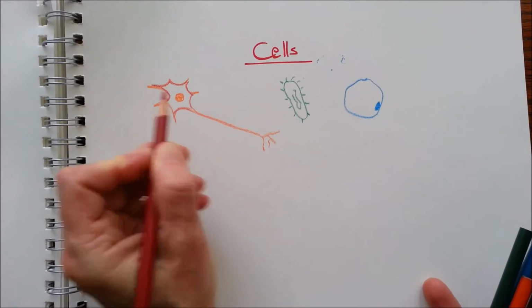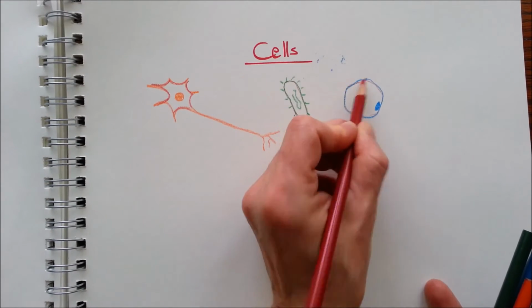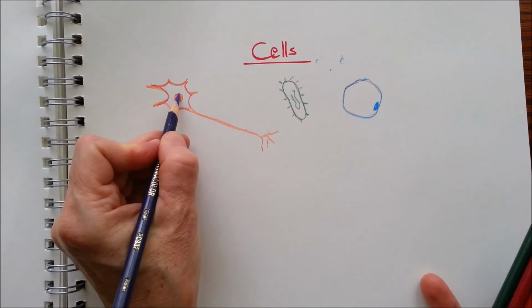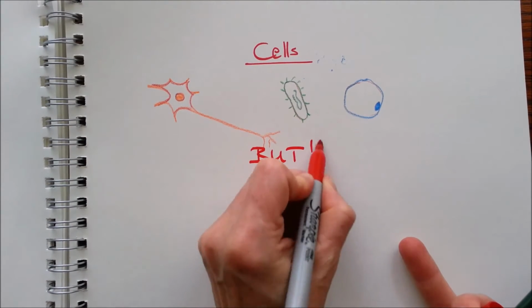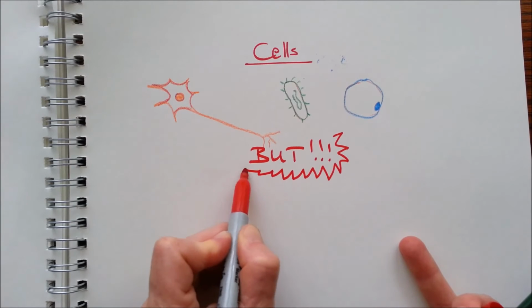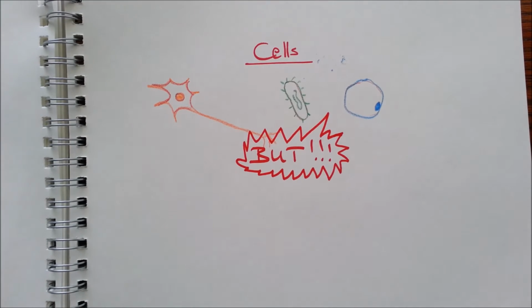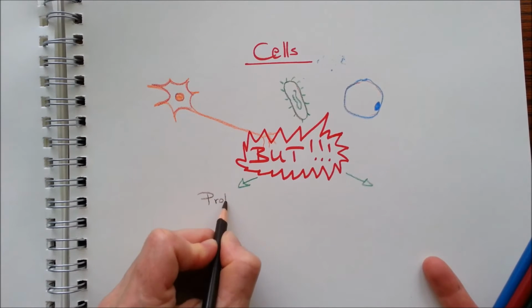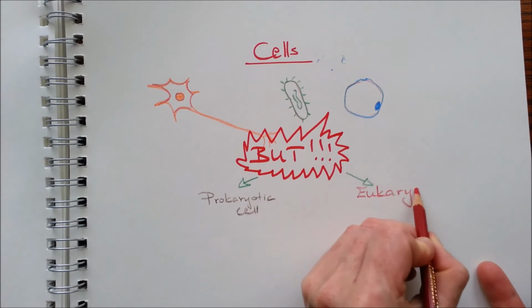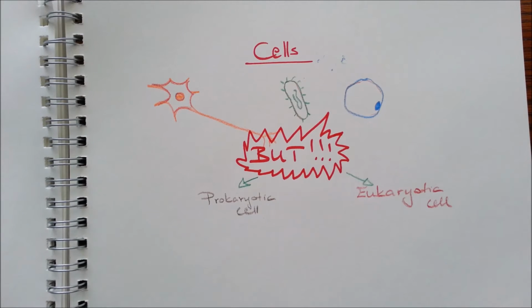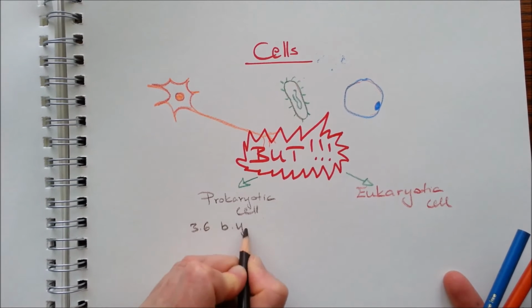But all of them share common characteristics: the cell membrane that separates the cell from the outside, as well as the DNA, the hereditary material inside of the cell. But the difference is that some cells are prokaryotic cells and some are eukaryotic cells, and we will distinguish them later on.